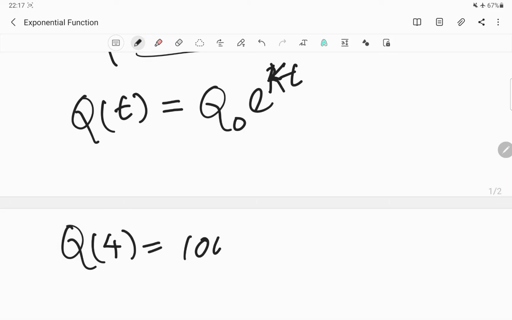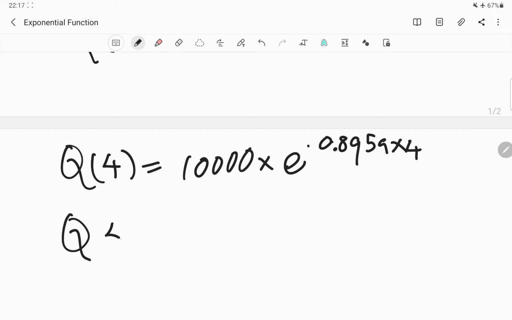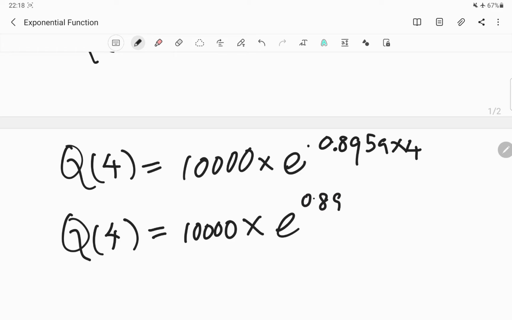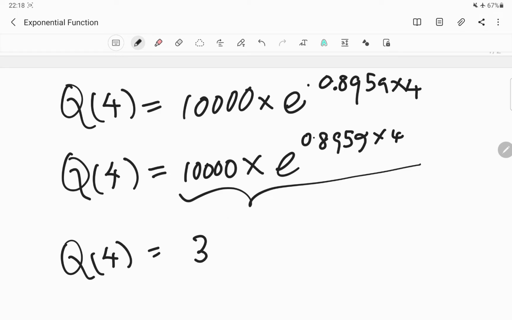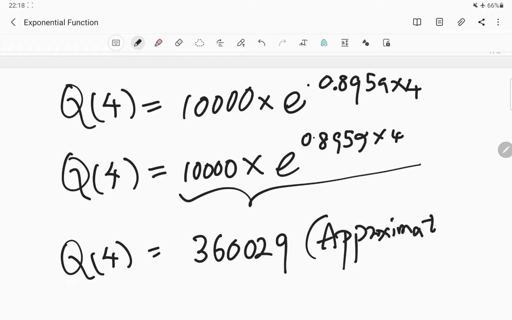Q(4) equals 10,000 times e to the power 0.8959 times 4. Try it with the calculator, and you will have the answer approximately.